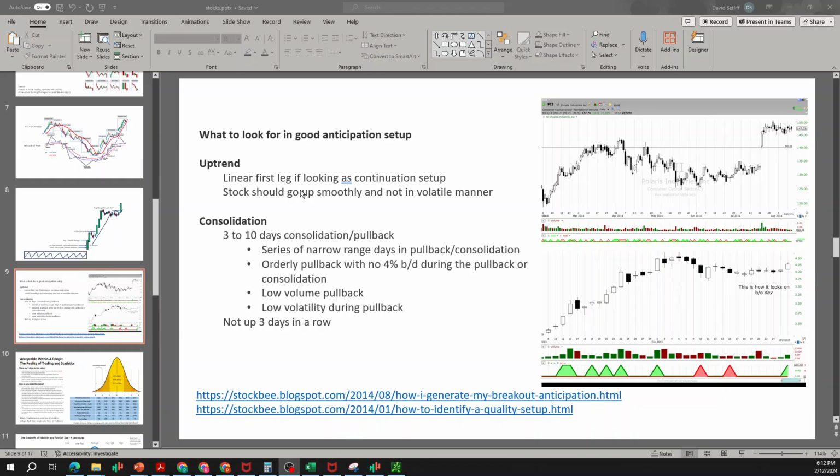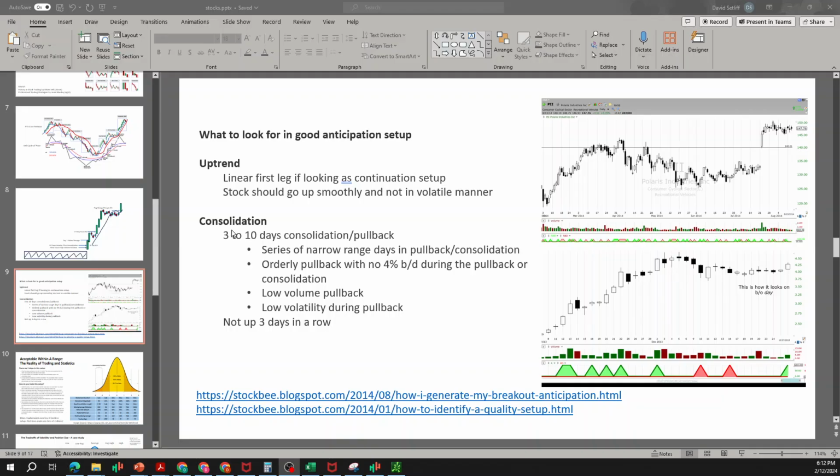So again, you have a strong linear uptrend, and then some sort of consolidation or pullback that has nice, tight, orderly price action. And then the other thing he talks about is not up 3 days in a row. I just posted recently, suggesting that if you just took this criteria and this criteria, on most days you can eliminate most stocks because they don't meet one of these criteria.